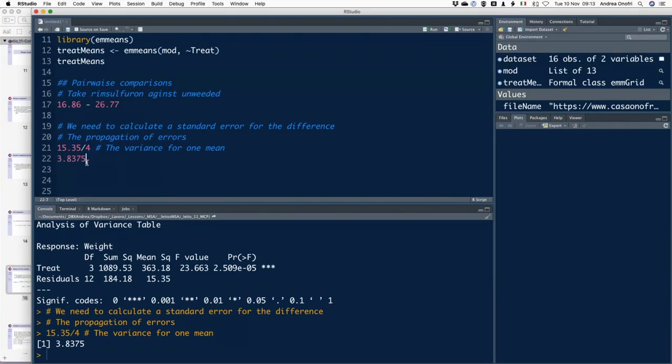That is 3.8375, the variance for the first mean, and we add the variance for the second mean, which is the same. So I could as well write 2 times 3.8375. So this is the variance for the difference.